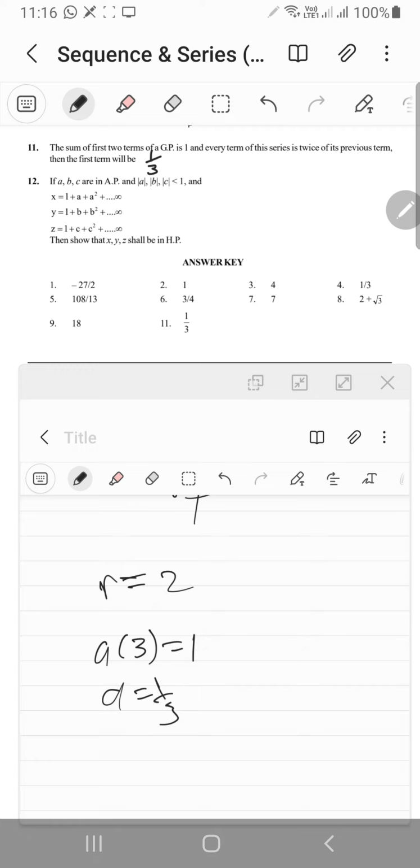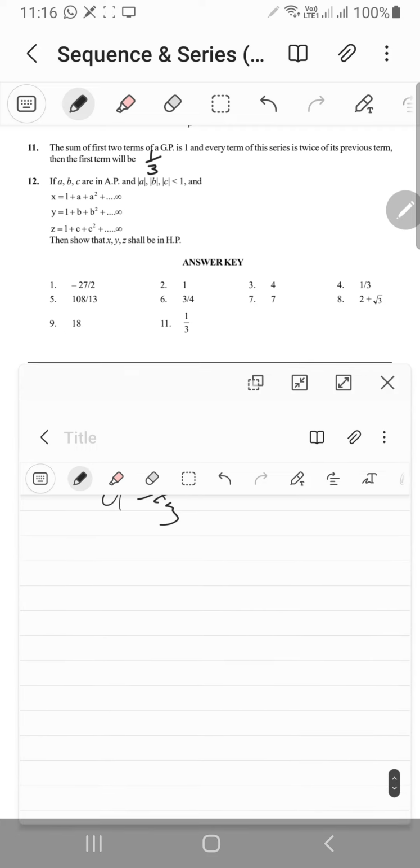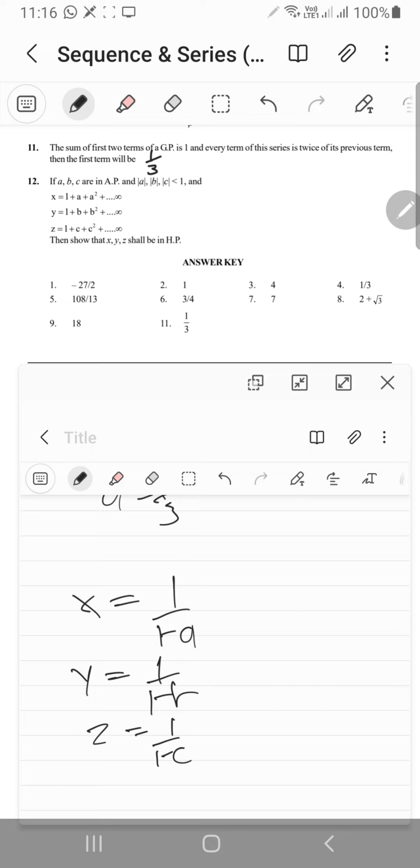Okay, if a, b, c are in AP and mod a, mod b, mod c are less than 1, show that x, y, z are in HP. Well, x is just 1 upon 1 minus a and y is 1 upon 1 minus b and z is 1 upon 1 minus c.